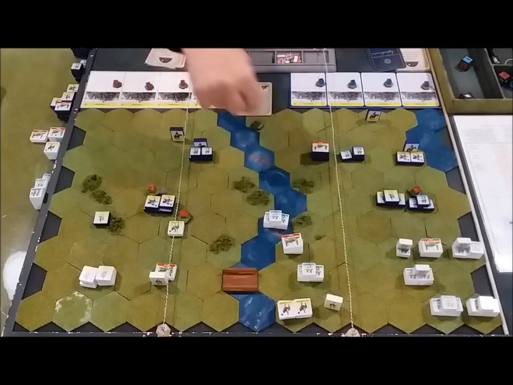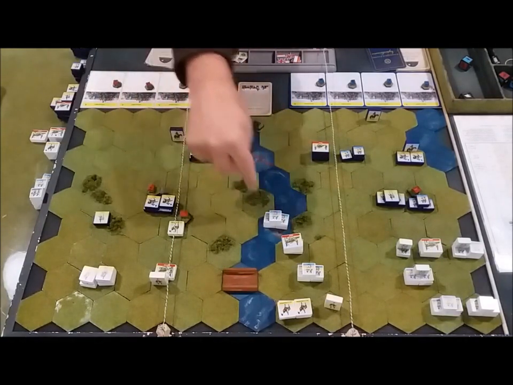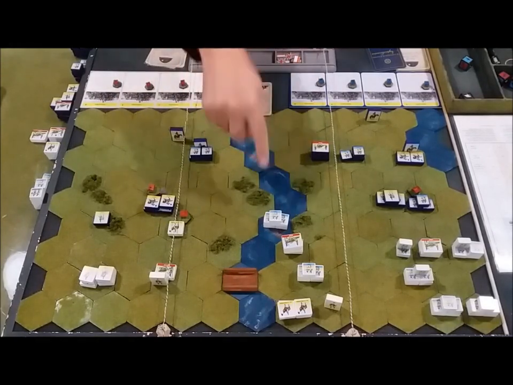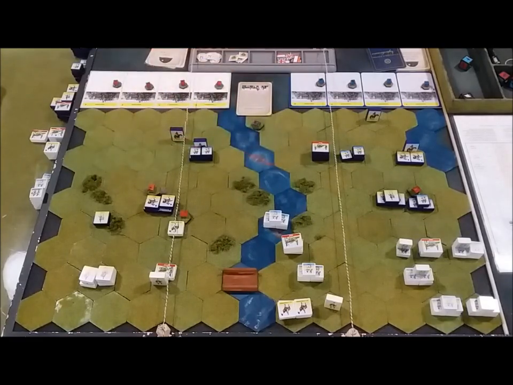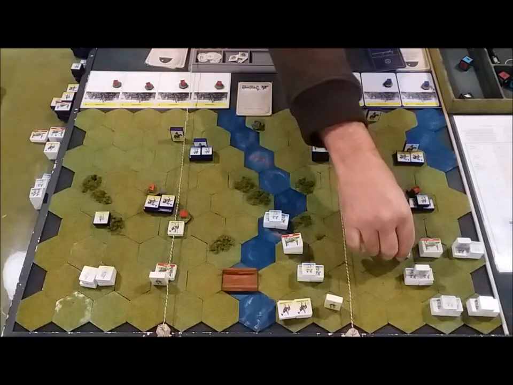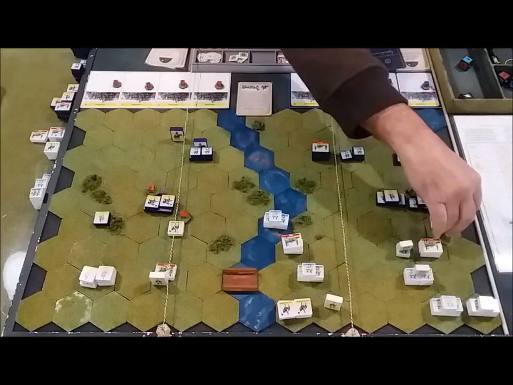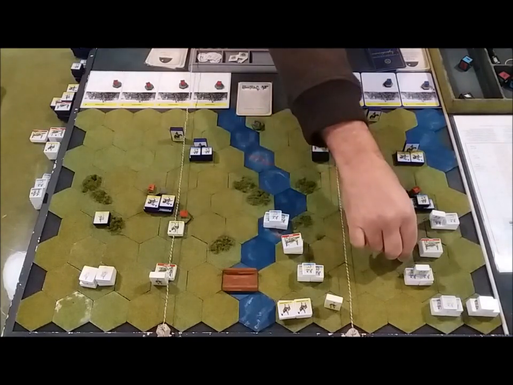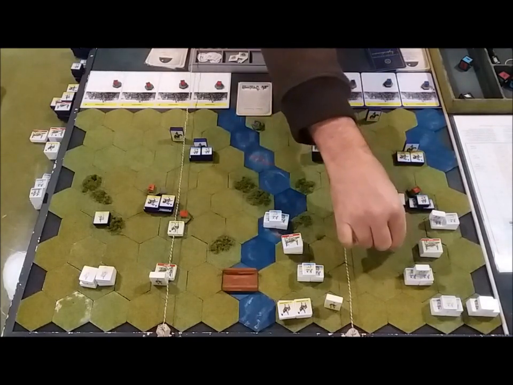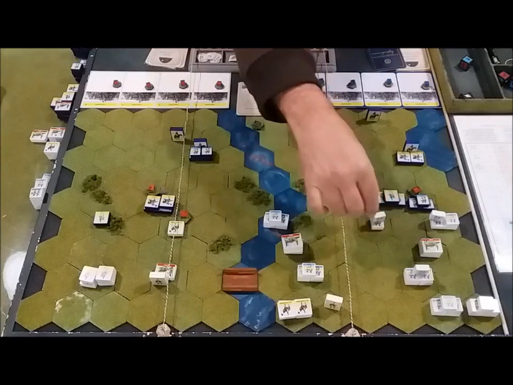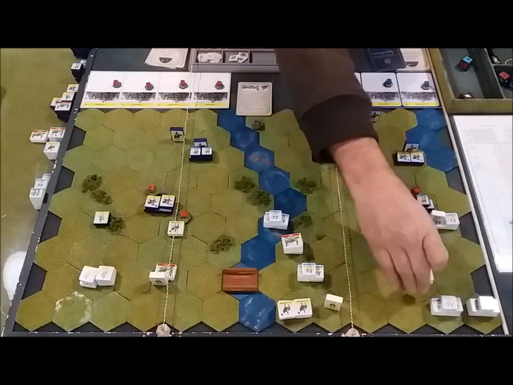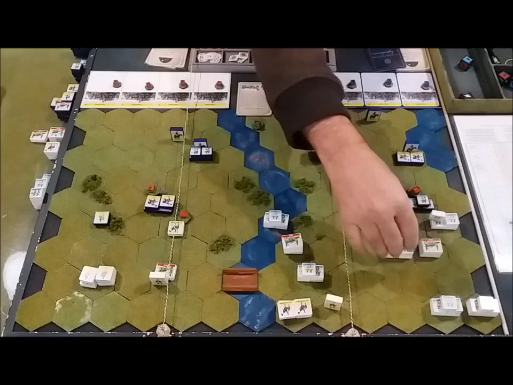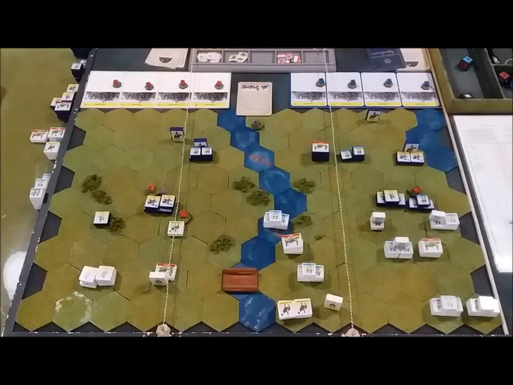And at least they're screened from the artillery and nobody can get to them at the moment. So the idea is to try and get them up into here to bring this line unit under fire, still give them plenty of cover against the cavalry. This line unit moves forward 1 to here. This line unit will move forward 1 to here. I'd like to put them there, but if I put them there and I bring this forward, they get nowhere to retreat if needed. And this one can come forward to here, and they are good.